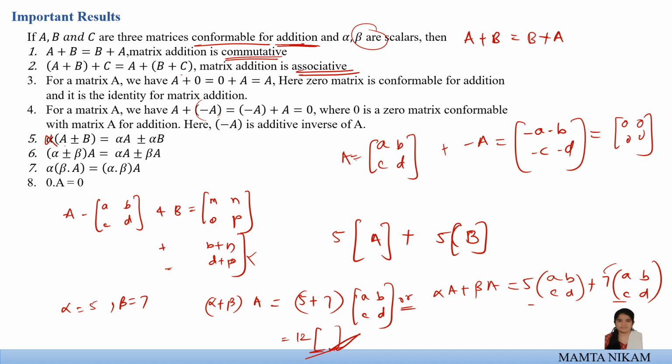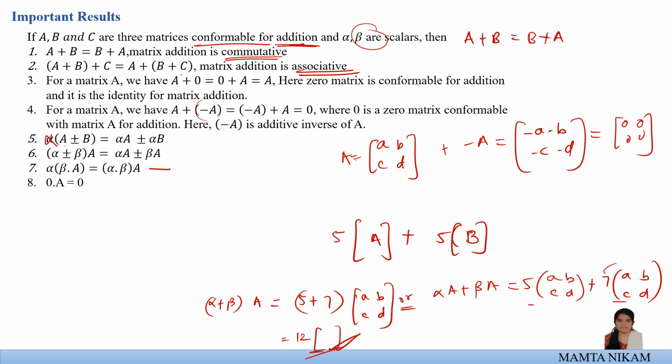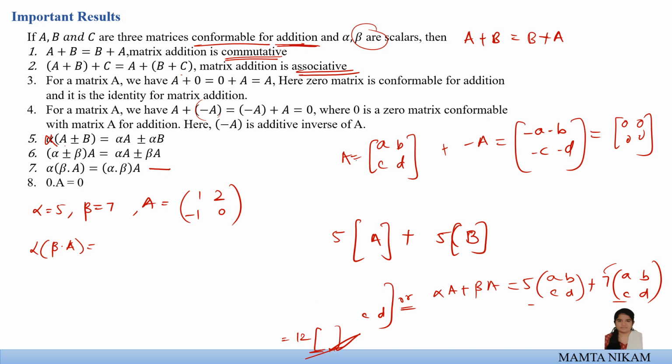The next property, the seventh property, says that alpha into (beta into A) is equal to (alpha into beta) into A. Suppose we have taken scalars 5 and 7. Say alpha is 5, beta is 7, and matrix A is [1, 2; minus 1, 0]. So alpha into (beta into A) will be 5 into 7 times the matrix [1, 2; minus 1, 0].